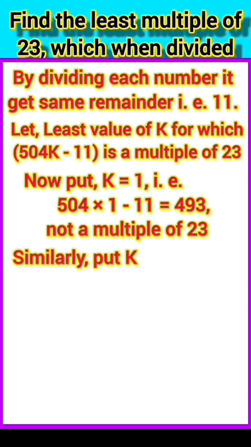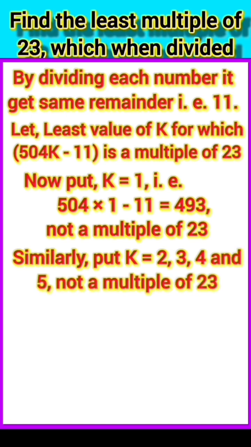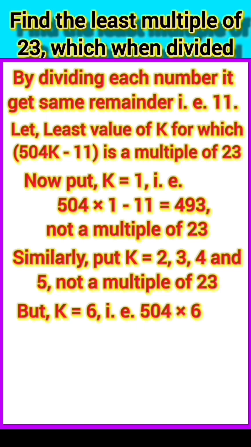Similarly put k equal 2, 3, 4 and 5 in the equation 504 into k minus 11, and the resulting values are not multiples of 23. But put k equals 6: 504 into 6 minus 11 equals 3024 minus 11 equals 3013.